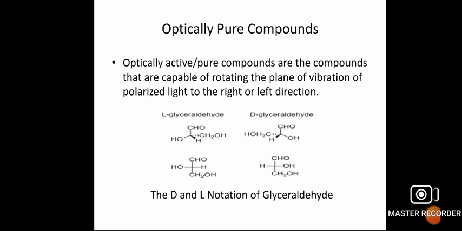The D and L notation of the glyceraldehyde is depicted, in which if the light is rotated towards the left, then it is L notation, and if the light is rotated towards the right, then it is D notation, that is D glyceraldehyde and L glyceraldehyde.